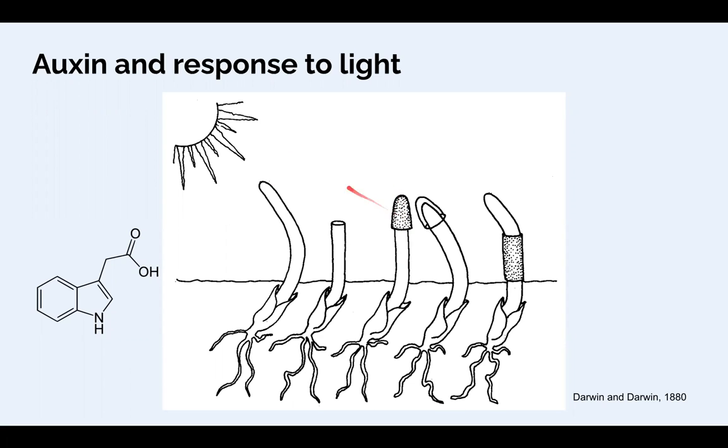So having light get to those cells is the important part. Not just having the cells, but having them be the ones that perceive the light is important. That's backed up by this other experiment where the cap was more of a space helmet, where the tip can sense the light even though it's covered.